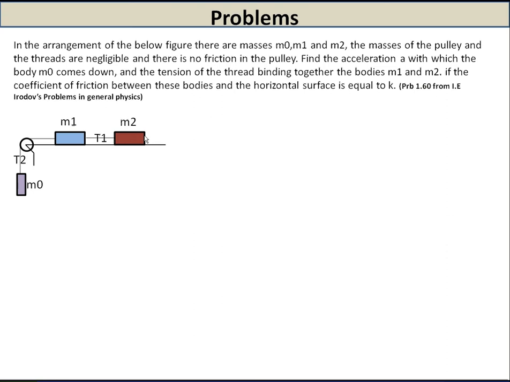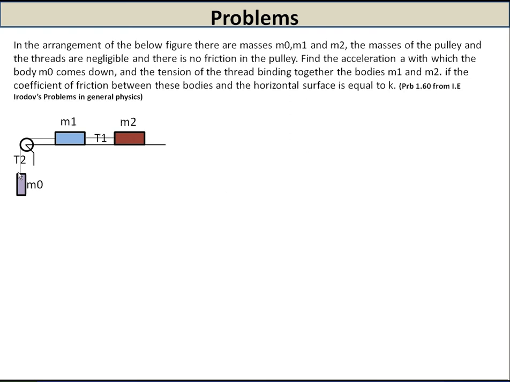As shown in this figure, you can see there are three masses m0, m1 and m2, and the system is such that the mass m0 comes down with an acceleration a, and there is no friction in the pulley.